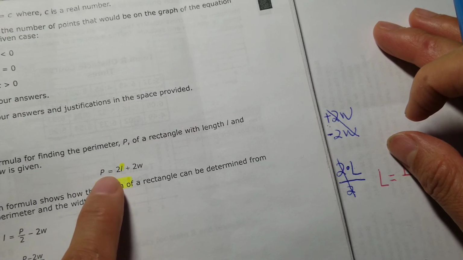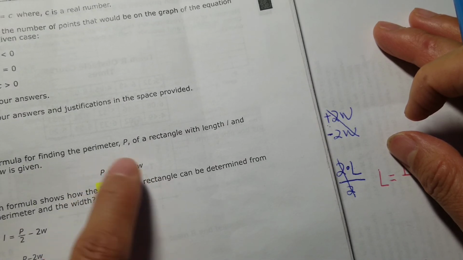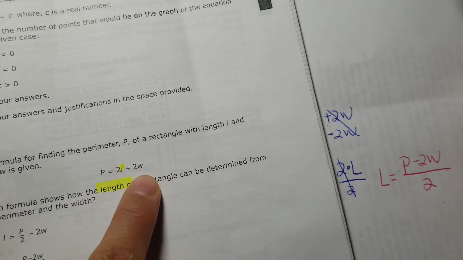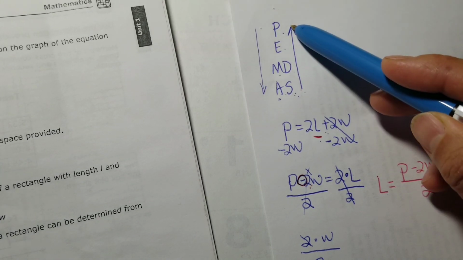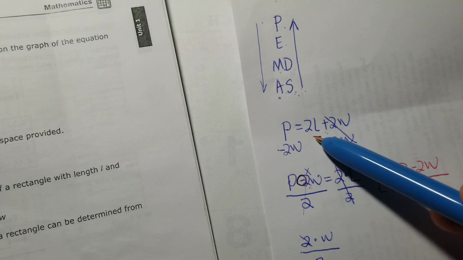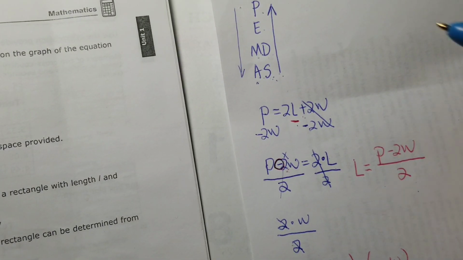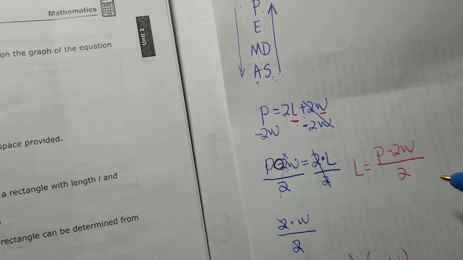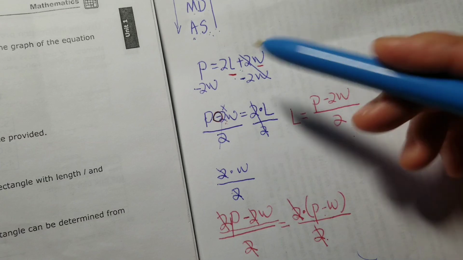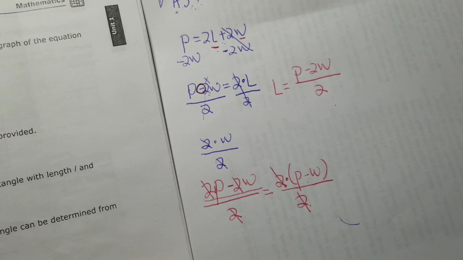Any other letters, take them as constants, ignore them, and go by the inverse operation from bottom to top. Try to isolate the variable. If I were you, I would isolate W and see if I am able to do it. Follow step-by-step work. This is all for question number 14.